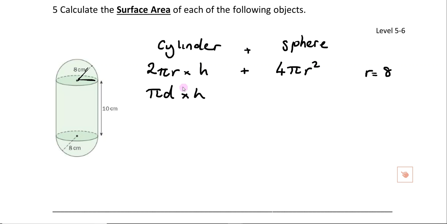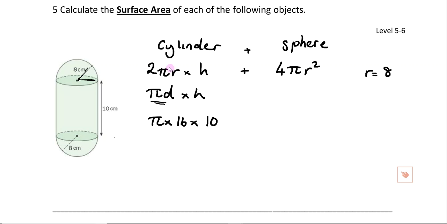Okay, so we've got pi d times h, so that's pi times 16 times 10. Do you all understand where that comes from, yeah? You know where the pi d is? I think Daniel mentioned it in a previous lesson, wasn't it?